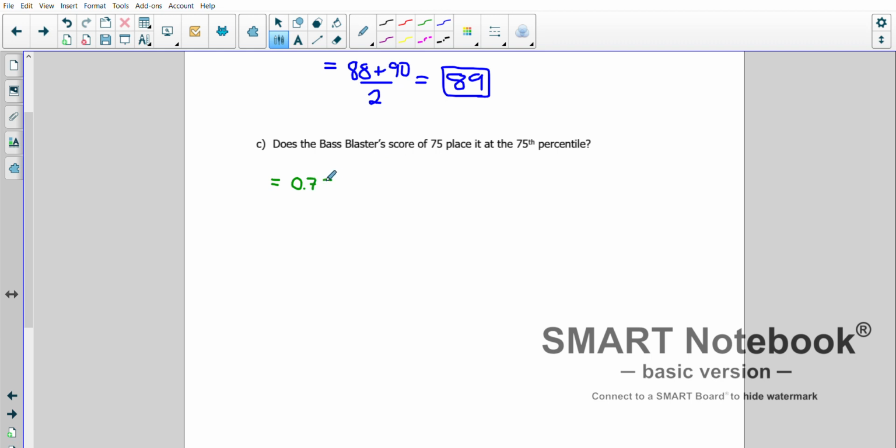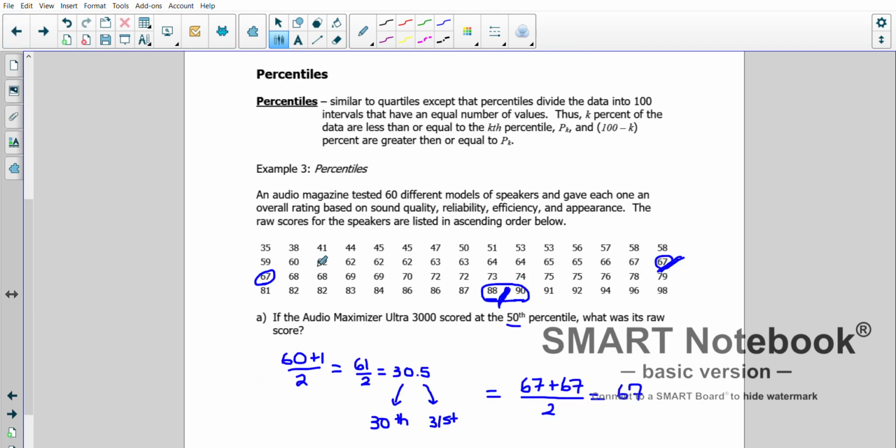So for the 75th percentile, there are 60 data points. This is going to be the boundary of the 45th and the 46th. Going back here, 15, 30, 45, it's going to be this boundary.